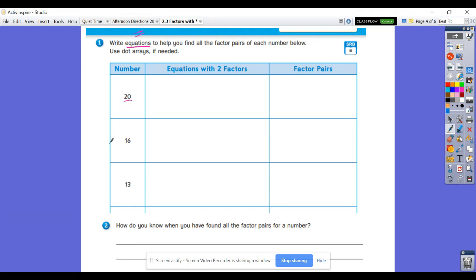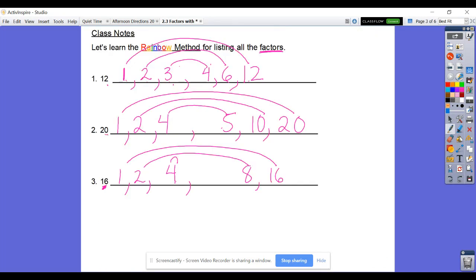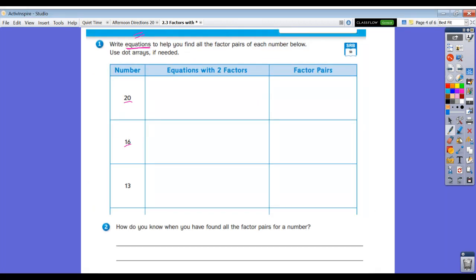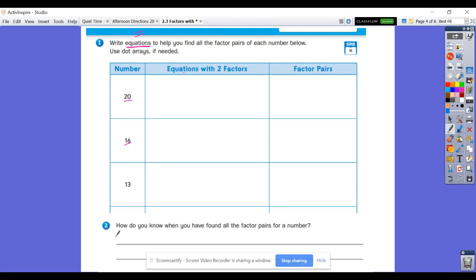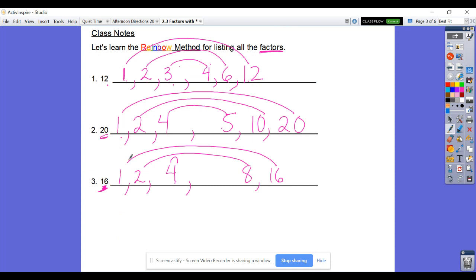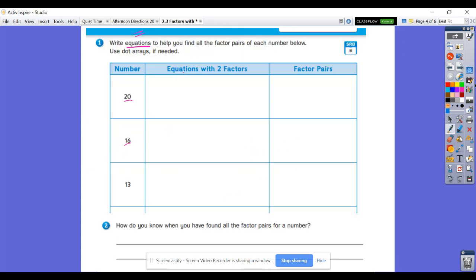So these numbers might look familiar, 20 and 16, because we literally just did 20 and 16 moments ago. Did that on purpose because now we're just going to change the way we're writing our factors because this time it wants equations. So you could look back at your notes for your rainbow method for 20, and that's going to tell you all the possible equations we're going to have.